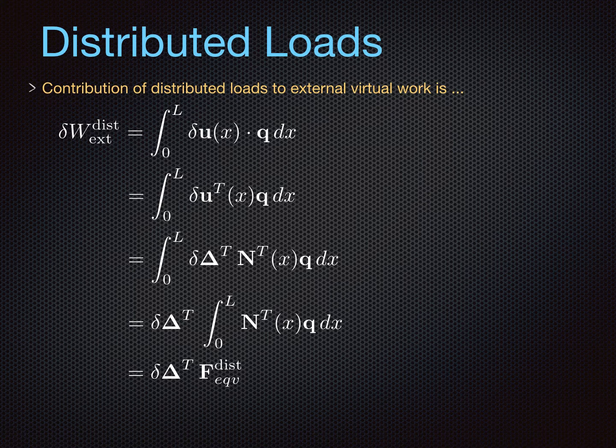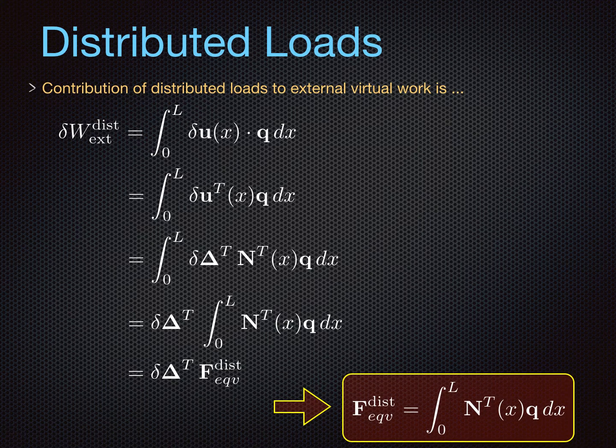And this is precisely it. If you compute this vector of equivalent distributed nodal loads and take its dot product with the virtual nodal kinematic degrees of freedom, you will have obtained the contribution of these distributed quantities to the external virtual work. It's simple as that. So with this, we have defined F equivalent distributed as the integral of Q convolved with the shape functions.